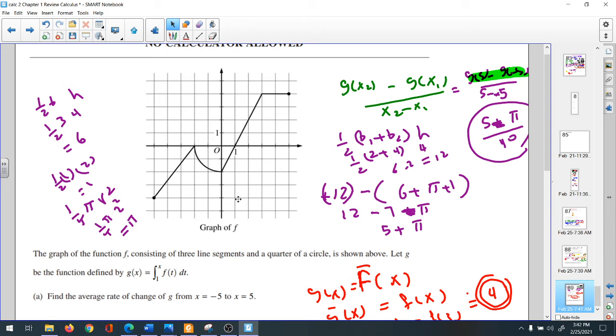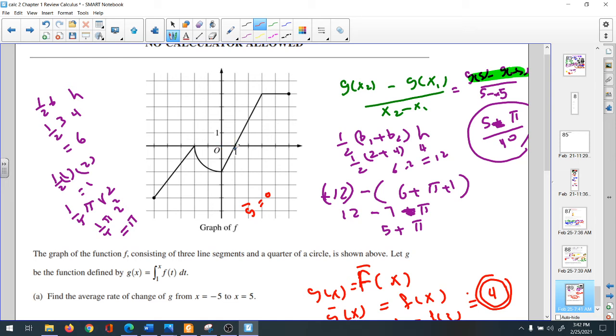Critical points come from the derivative. So this graph of f is the same as the graph of g dash, the derivative of g. As you know, for critical points you take the first derivative and set it equal to 0. So we look at where the graph has a value of 0.